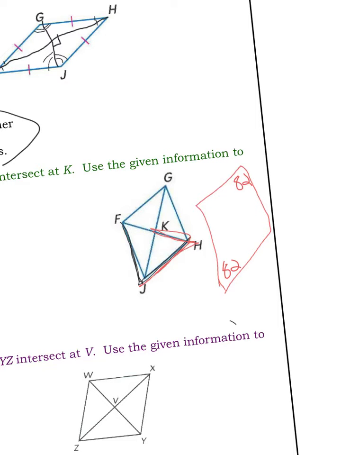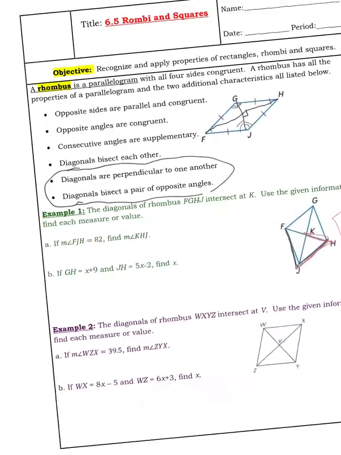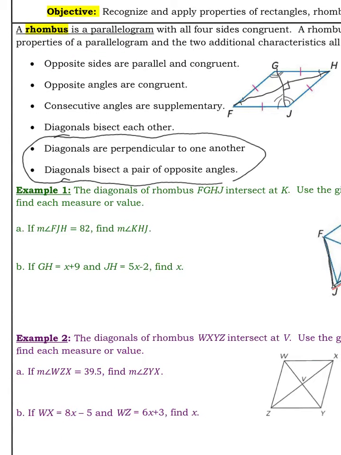So 360 degrees minus 82, I'm going to show my work over here. 82 plus 82 is 164, so 360 minus 164 is 196.